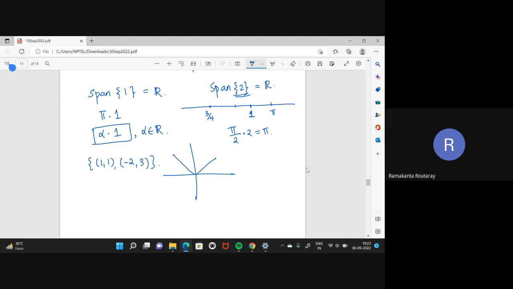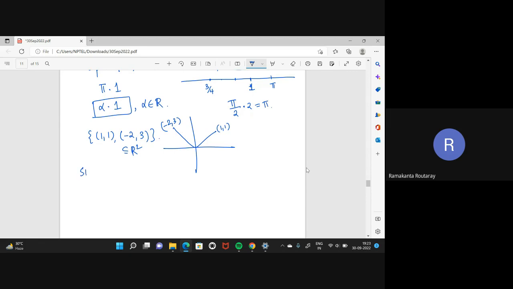Because it contains two components, x and y, it is in R2 space, but it is not a spanning set, right? Why? What is the span of these two vectors?